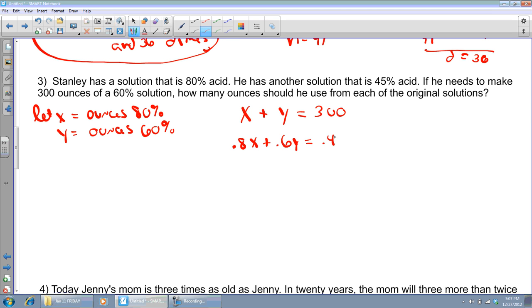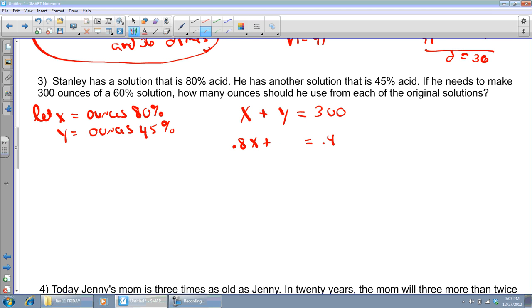Oh, I have a mistake here. It needs to make 60% solution, so this is my mistake right here. Oops, there it is. That should be a 0.45 or a 45%.